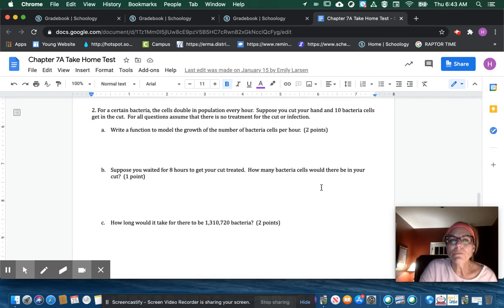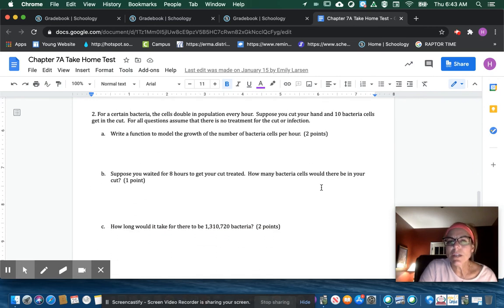Number 2, for a certain bacteria, the cells double. We did a problem like this in class when I taught the lesson. If something's doubling, it's obviously growing. Suppose you cut your hand and 10 bacteria cells get in the cut. For all of the questions, assume that there's no treatment for the cut or infection.